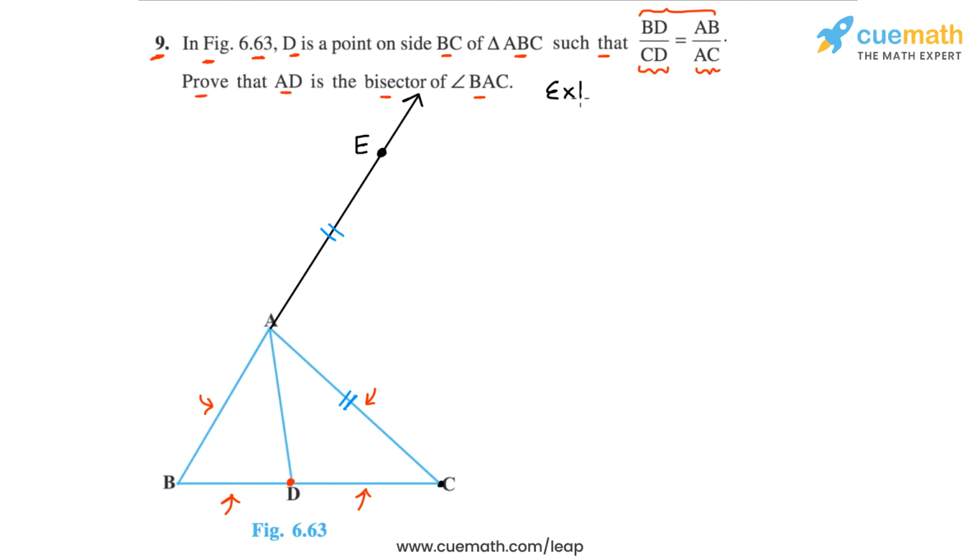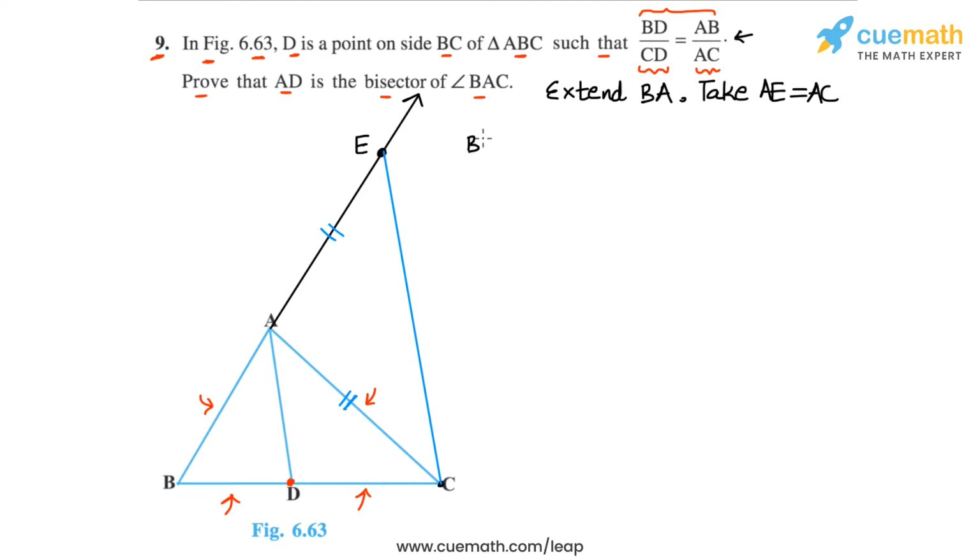So we have extended BA and we have taken a point E on the extended ray such that AE is equal to AC. And also let's join C and E. Now we are given that BD by CD is equal to AB by AC. This is given to us.